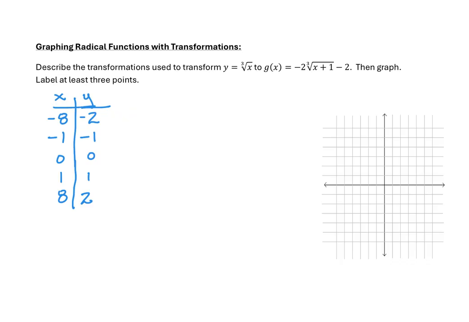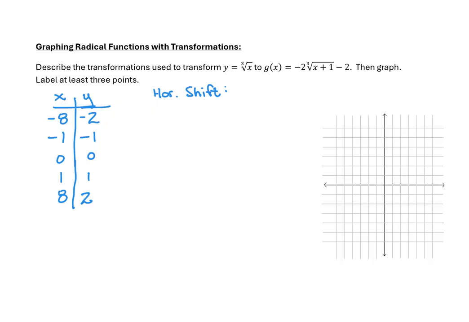All right, I want to describe what happens to our graph using transformations. So the first thing we want to know is, remember there is an order to this. Do we have any horizontal shifts? We do have a horizontal shift.